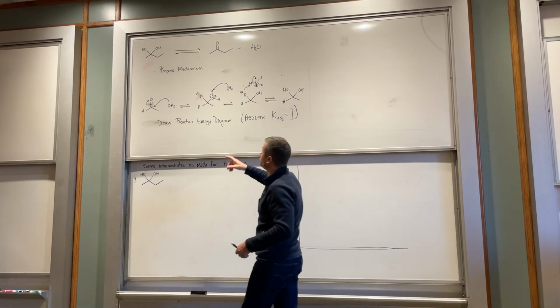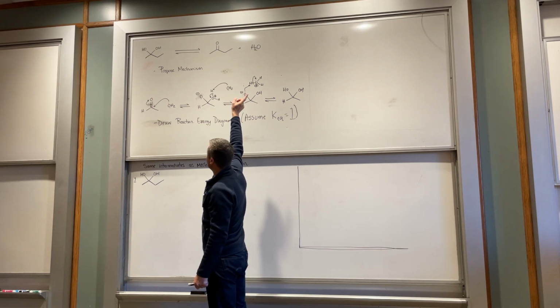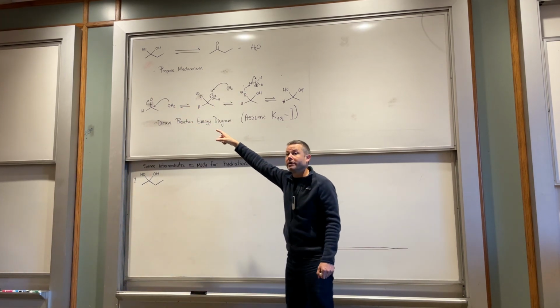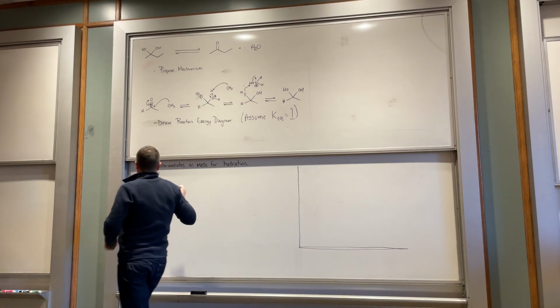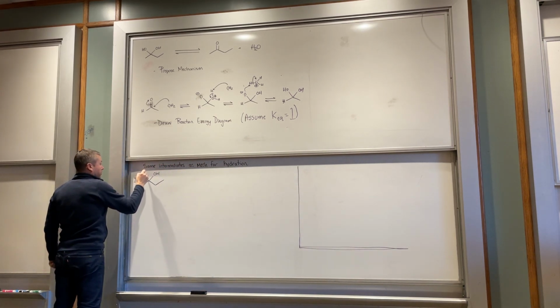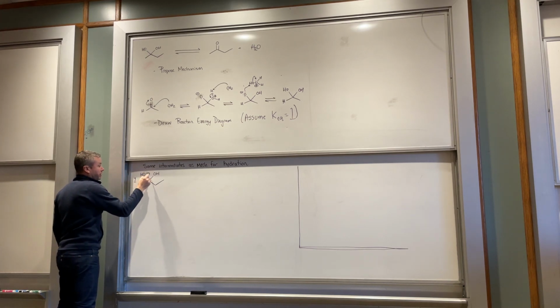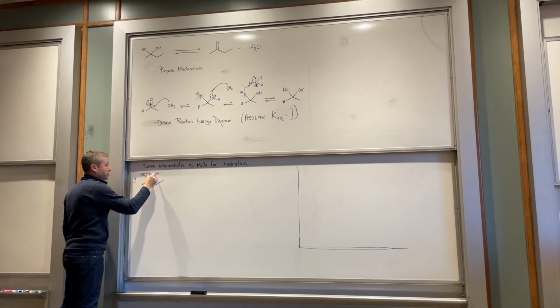right? So just like there are two mechanisms going from the carbonyl to the hydrate, there are going to be two mechanisms that take us from the hydrate back to the carbonyl. Right, so the first one that we can draw will show elimination of a hydroxy group.